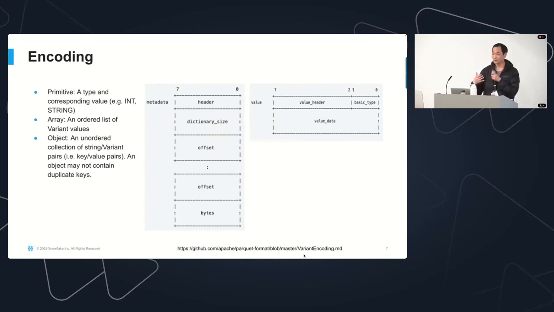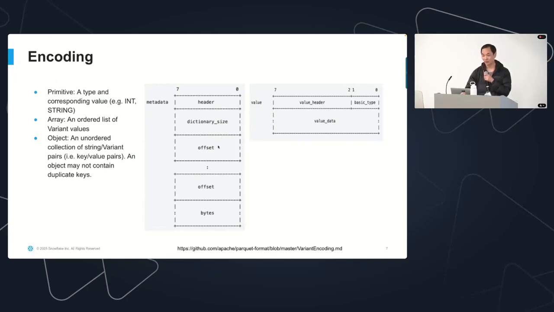For arrays, it's a little more complicated, but I refer to the spec for detail. For object keys, we know the keys will be duplicated, right? If we store the key strings in the values, then the value field will get large. So what we do is encode the object key in the metadata as a dictionary.